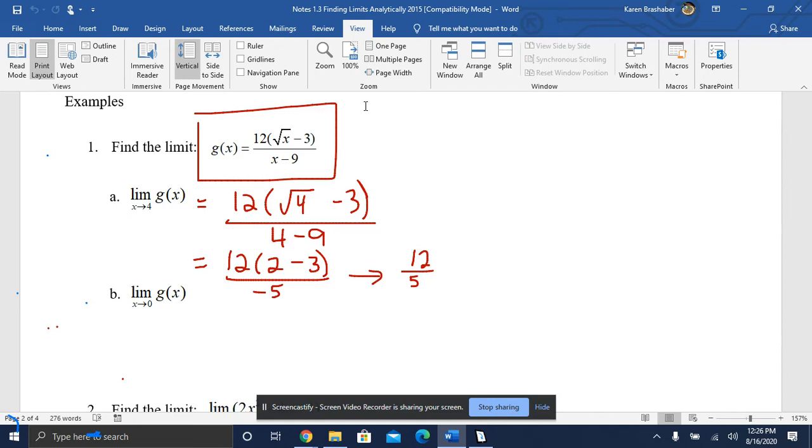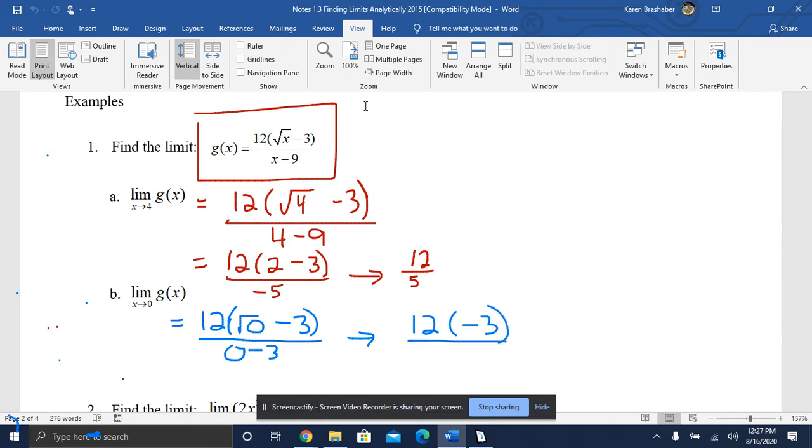For part B of this one, the limit as x approaches 0 of g of x, again, the same g of x, so we're going to substitute in 0 everywhere there's an x. So 12 times the square root of 0 minus 3 over 0 minus 9. The square root of 0 is 0, so that'll be 0 minus 3.